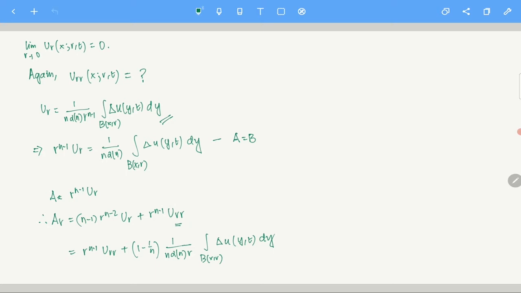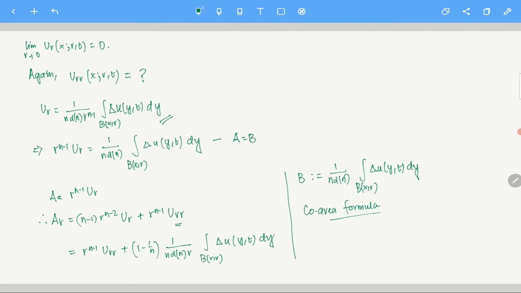Now what I am trying to say is this. See this particular thing. Now A is done, right? Let me do B here, so it will be better. So B, I am defining it as 1 by n alpha n integral over B(x,r) of Laplacian of u(y,t) dy. Now here I am using something called the co-area formula.